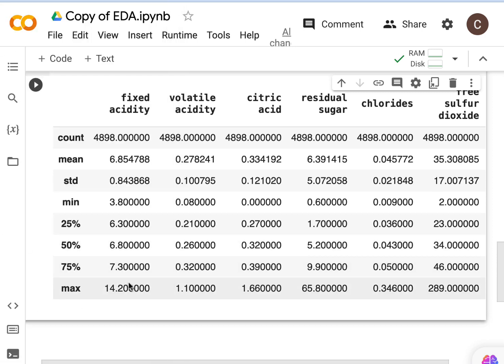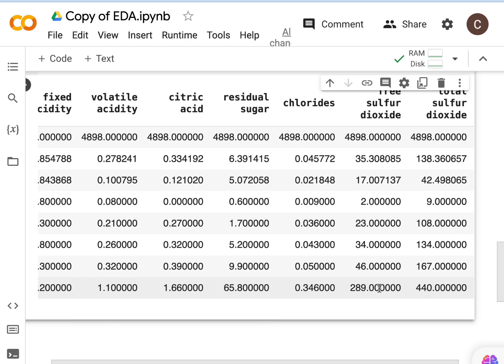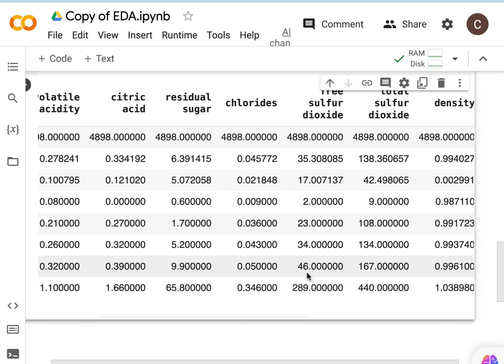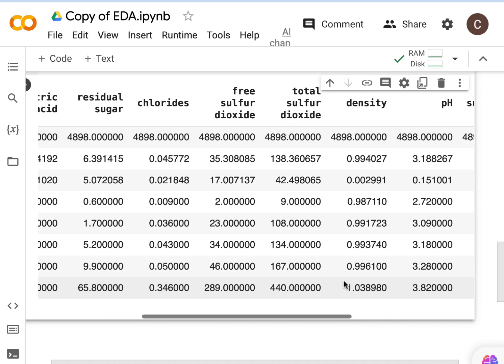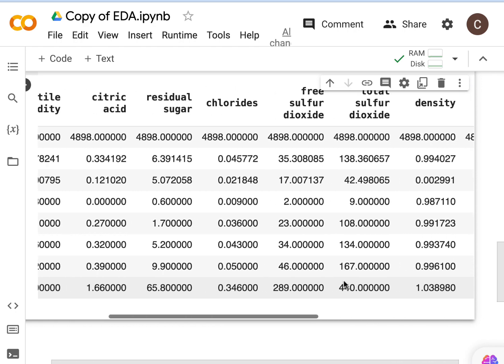Just looking through here, we see here it's double the 75th percentile. Here it's more than 3 times as great. Here it's like 6 times as great. Here it's like 6, 7 times as great. And here it's 7 times as great again. And so a couple of these have a much bigger spread than others.